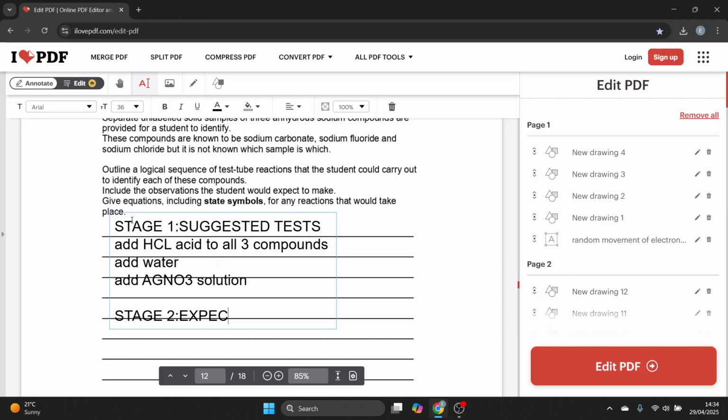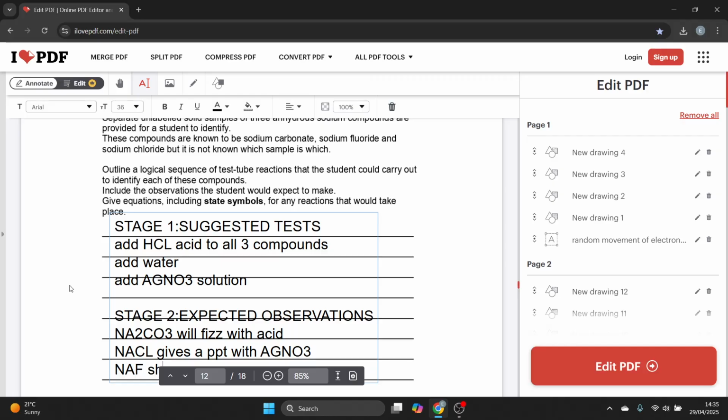Stage 2, my expected observations: sodium carbonate will fizz with acid. Sodium chloride gives a precipitate. Why just sodium carbonate? Because it's got carbonate ions, so that's why it will fizz with the acid. Sodium chloride gives a white precipitate with silver nitrate, obviously. Sodium fluoride shows no visible change.